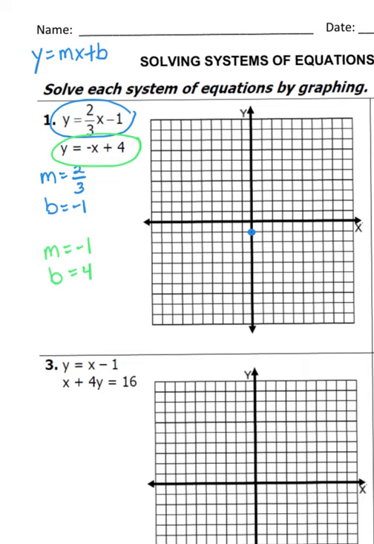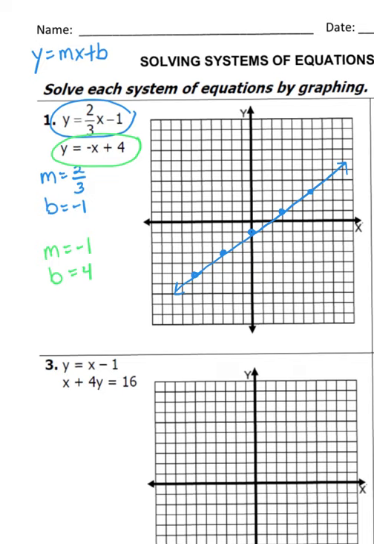So if I go up 2 to the right 3, I can also go from my y-intercept down 2 to the right 3. I believe that's my line. So if I draw that, I don't have a straight edge to use, but that's my line for that first equation.